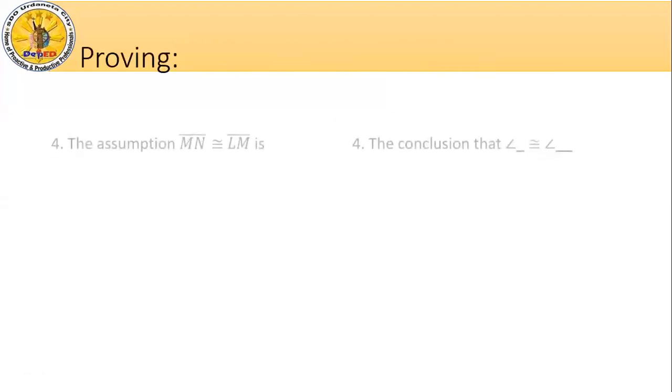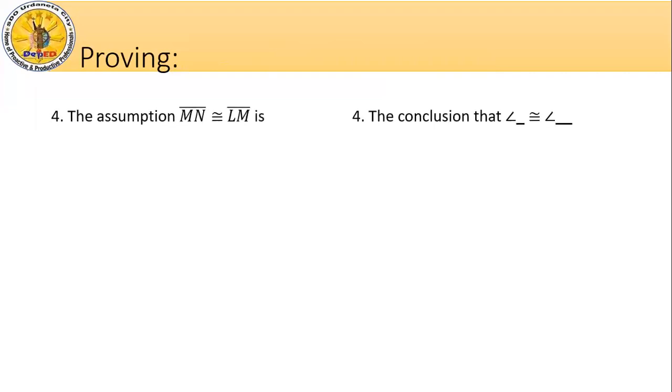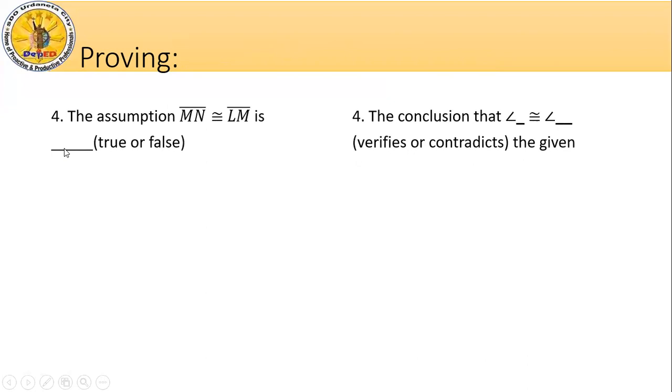Okay. Now, for number 4, the assumption MN is congruent to LM is, o ang isasagot nyo, true or false? O, is blank nakalagay doon. Ano ilalagay nyo? True or false? Tama ba yon? Oh, reason, the conclusion that, ano yung base angles na nilagay nyo sa number 3.